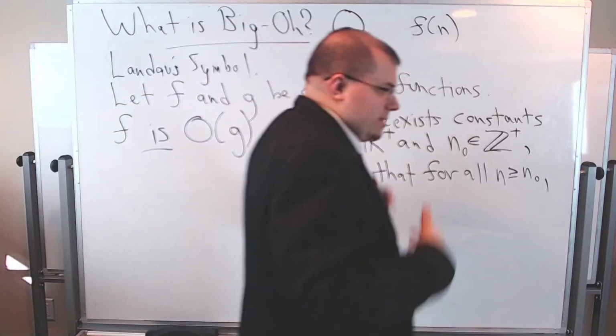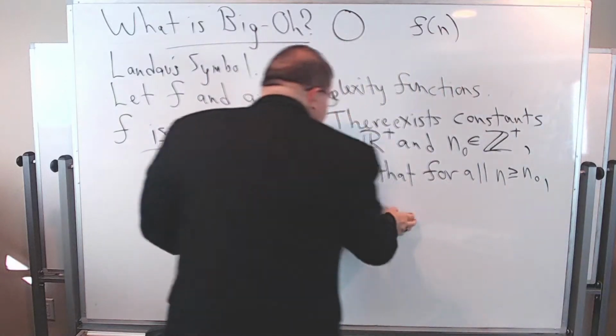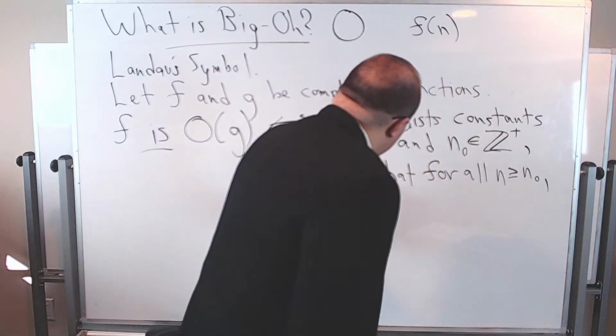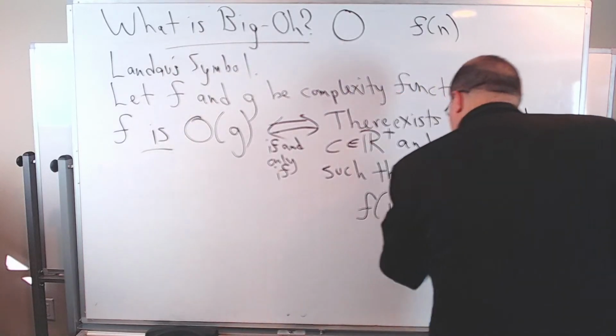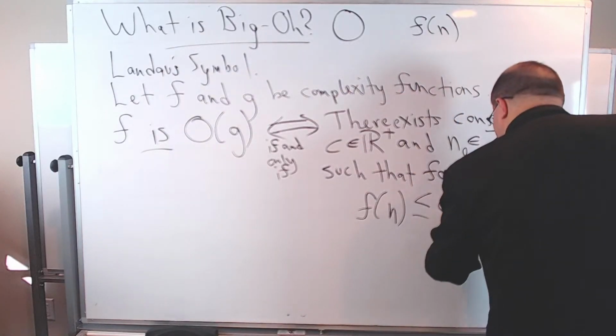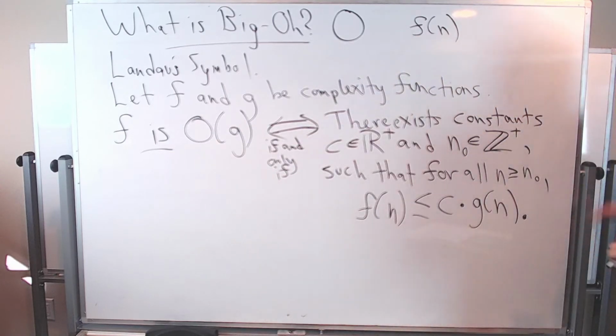You're going to get familiar with this as we do more examples. Now I'm going to assume that f of n is less than or equal to c times g of n. So this is the formal definition of big O, believe it or not.